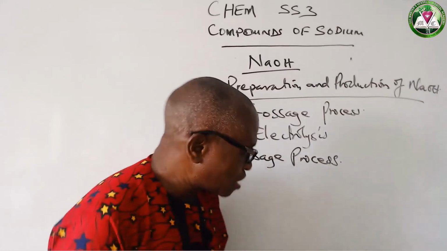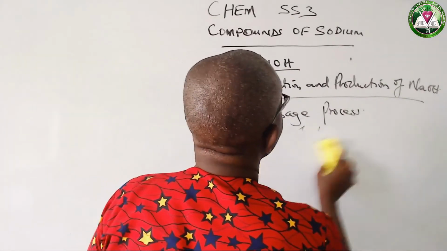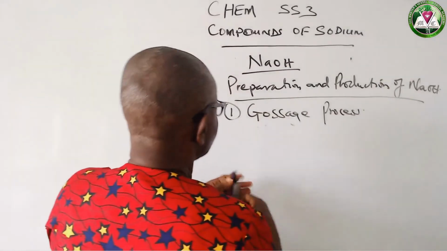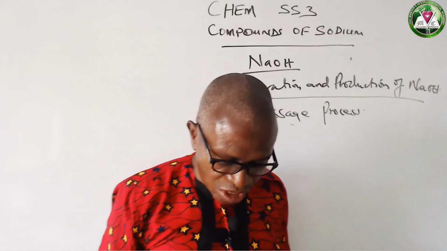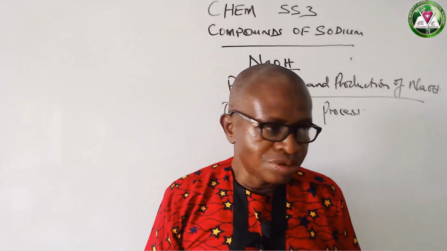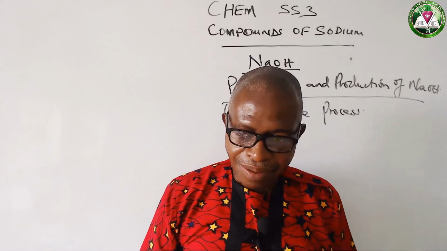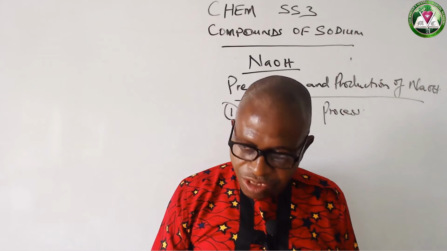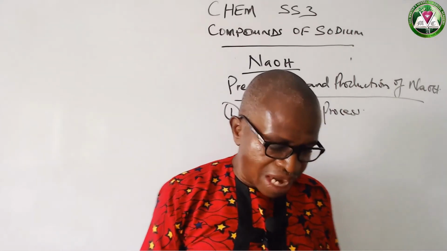Therefore, what we are discussing now is the Gossage process. The Gossage process, you can write, is a process of producing sodium hydroxide by heating sodium trioxocarbonate(IV) with calcium hydroxide.